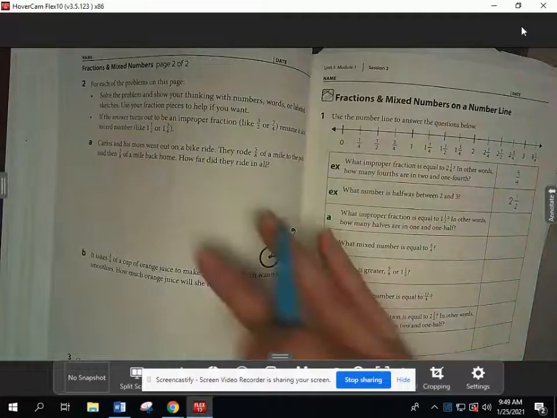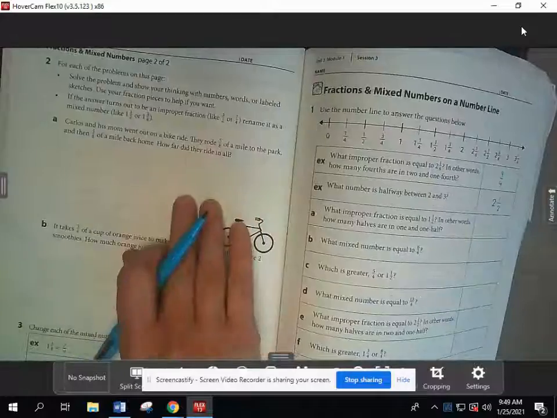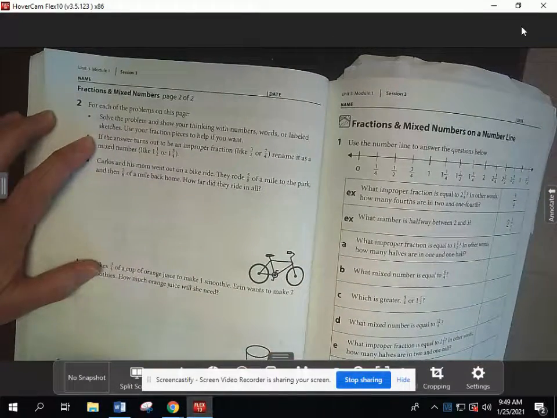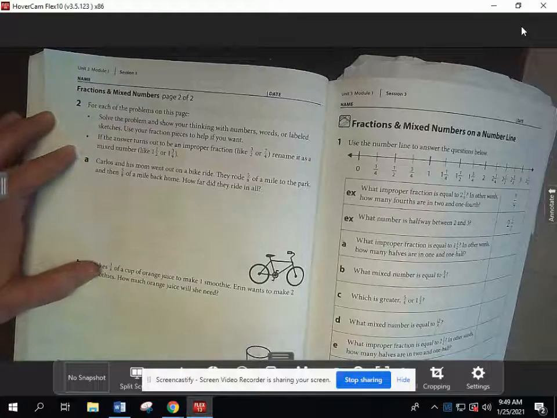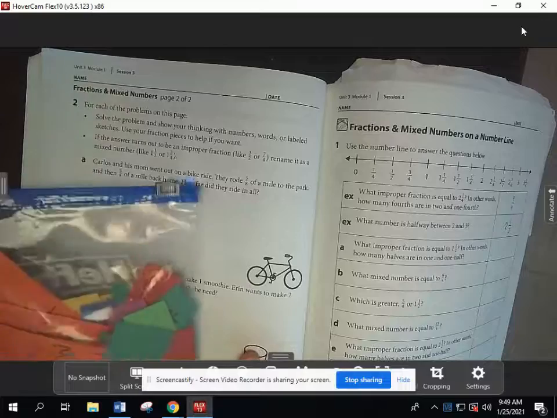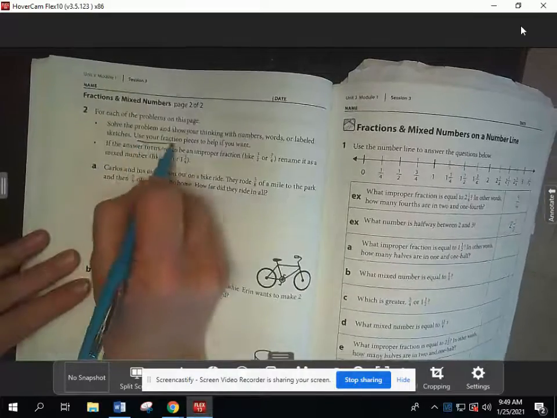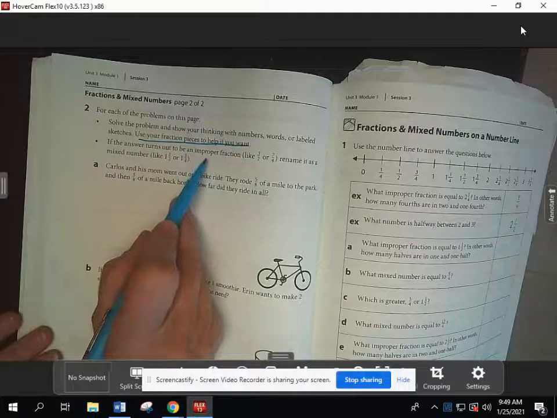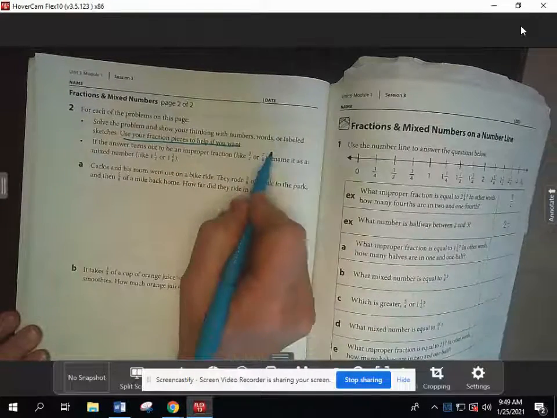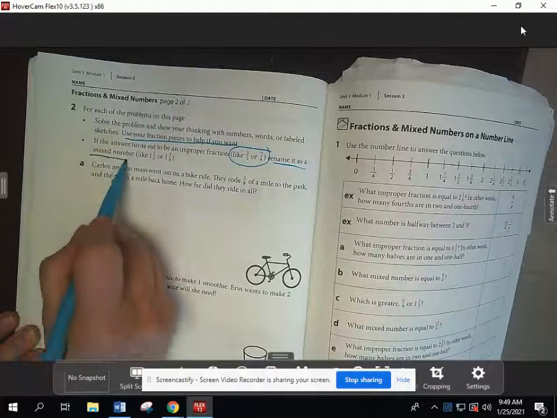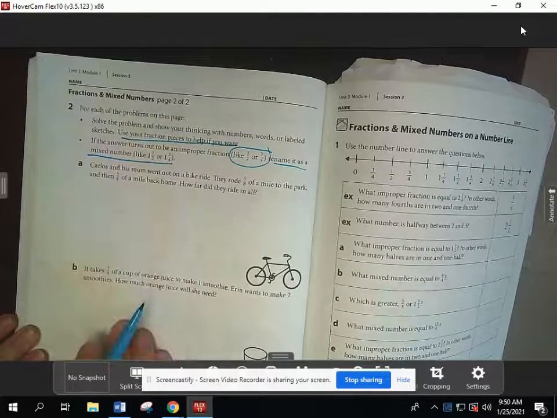Okay, fractions and mixed numbers. On this page it says solve the problem and show your thinking with numbers, words, or labeled sketches, and use your fraction pieces to help if you want. That's what it says right here. If your answer turns out to be an improper fraction, like this, rename it as a mixed number.